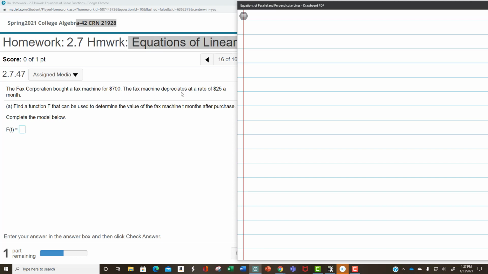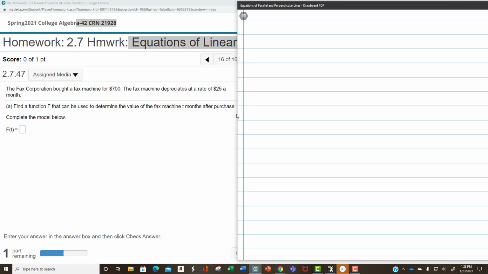The fax machine depreciates at a rate of $25 a month. That means every month it's worth $25 less. Okay, so this is the rate of change, 25 per month.